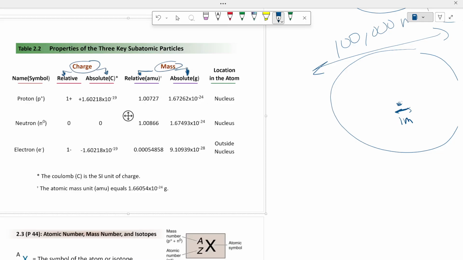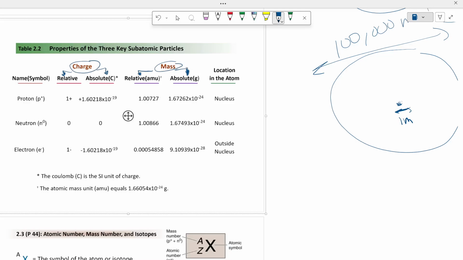When we divide these numbers to get the ratio, or the relative values, we will find that the charges of a proton and an electron have the same magnitude with opposite sign. So if the charge of a proton is given as +1, then definitely the charge of an electron will be -1. +1 and -1 are the comparison between them, which are the relative charges.